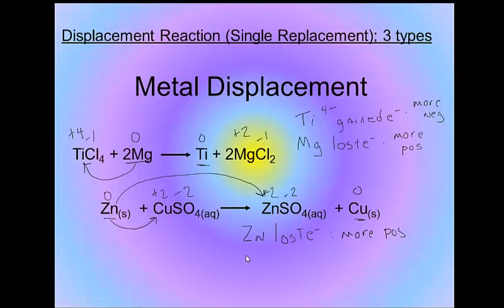And my copper ion in the compound here gained electrons because it went from a +2 to a 0. It's becoming more negative.